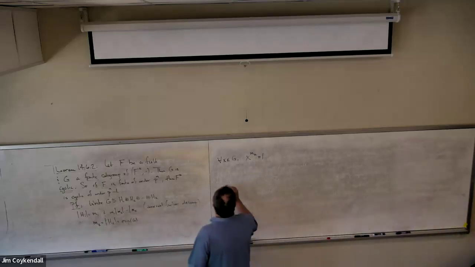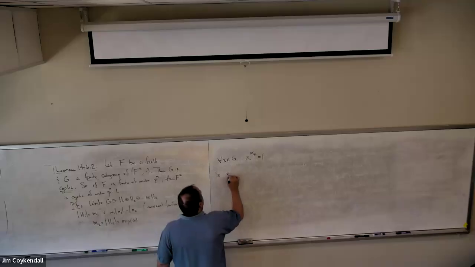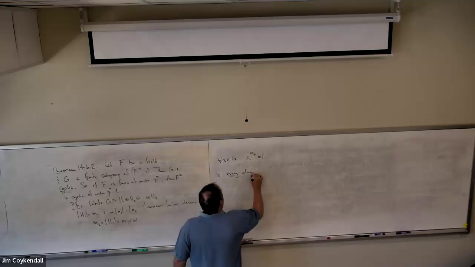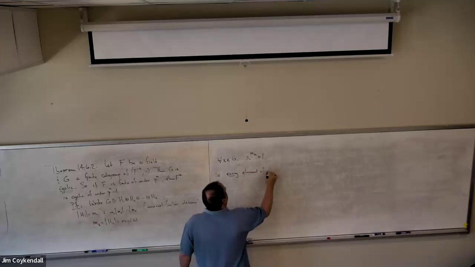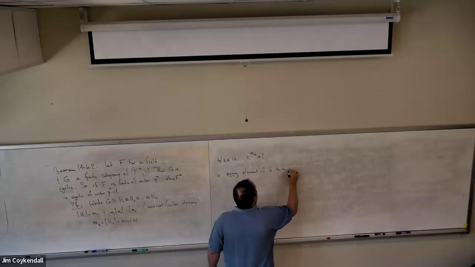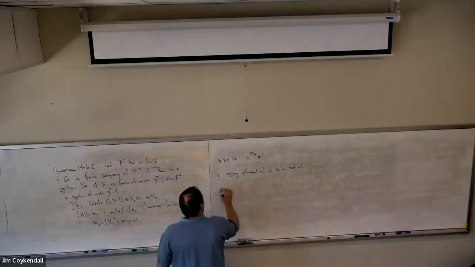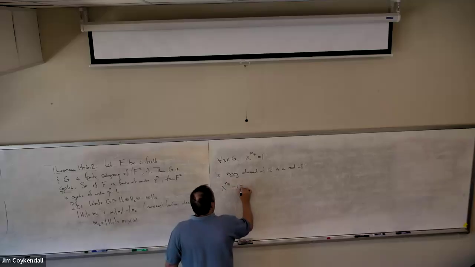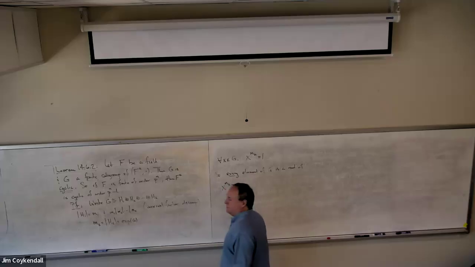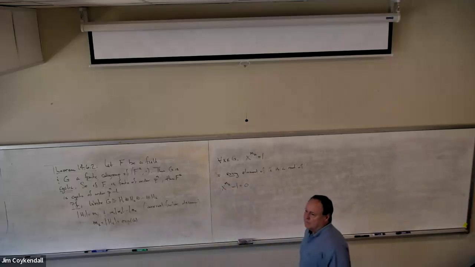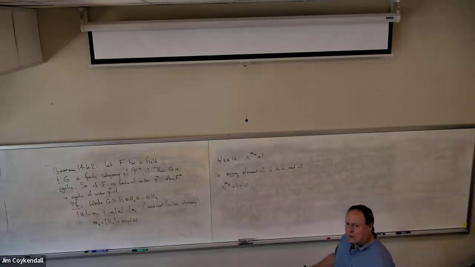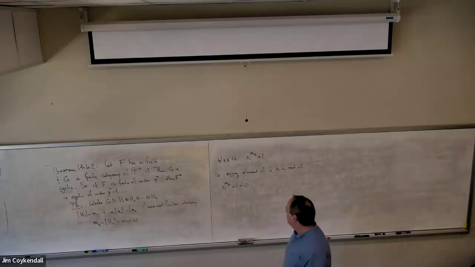So every element of G is a root of X to the MK minus 1 equals 0. Right? Every element of G has to be a root of that equation.